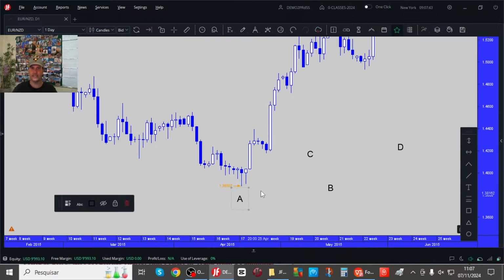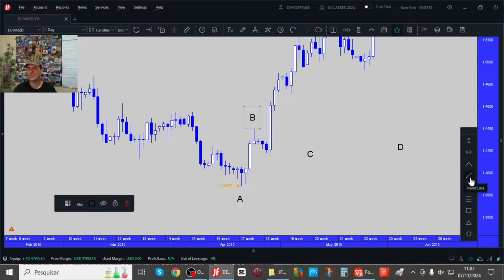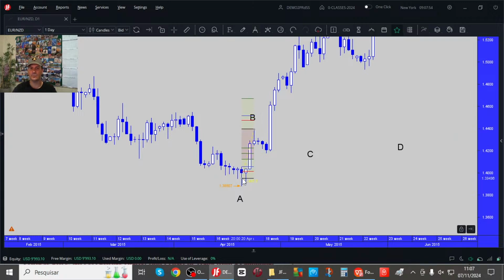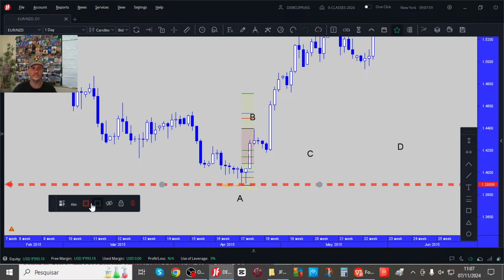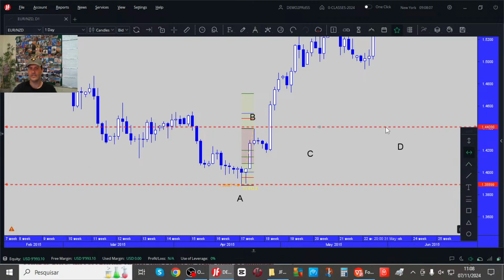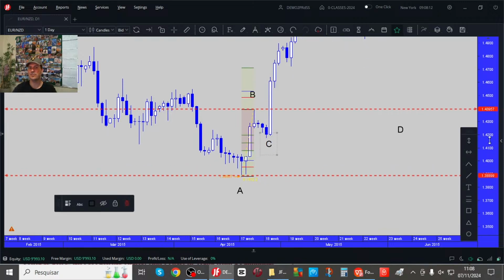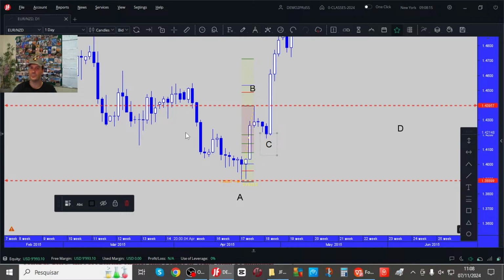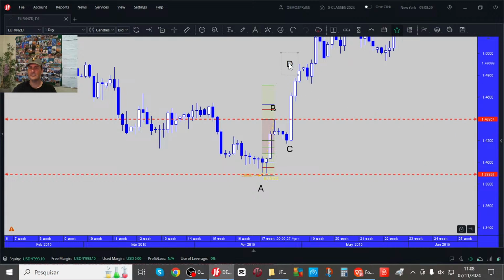That's the A, everybody. The A is the first low, the absolute low, the starting point of a structure or market wave. The B is the first high as soon as possible after the A. Fibonacci retracement tool, and we are going to help ourselves with the horizontal lines. That's the C. The C is the lowest point inside the AB boundary after the B, before the market hits the appropriate D extension, and the D must be a high.